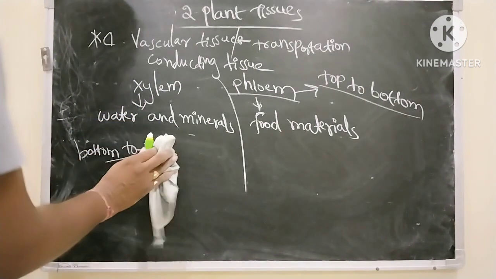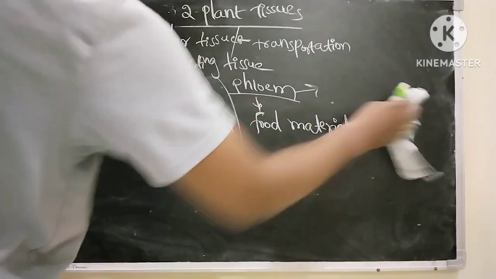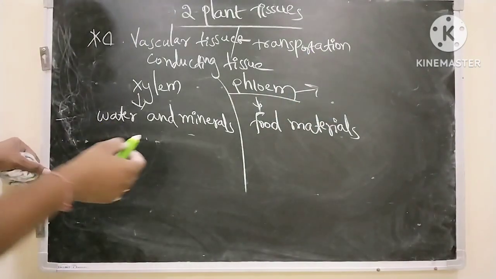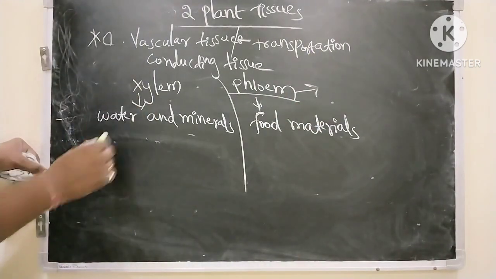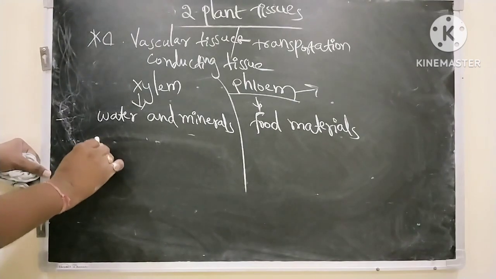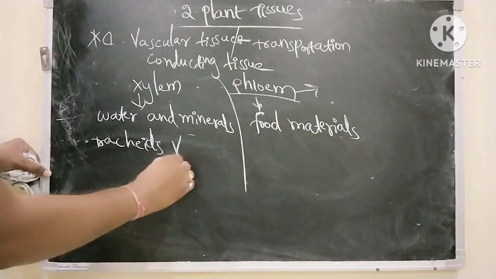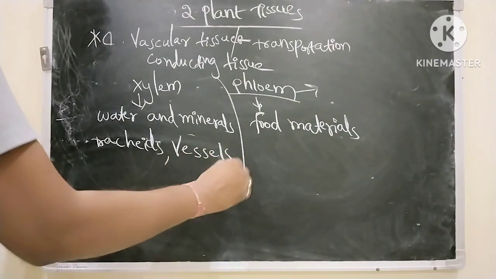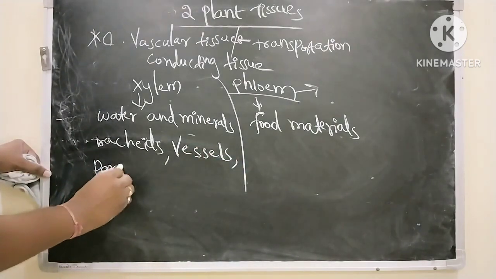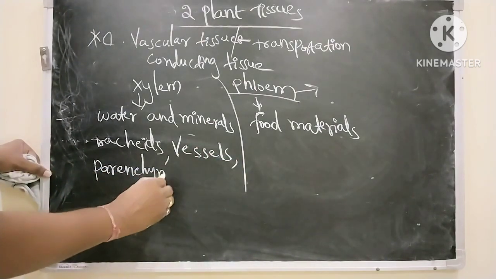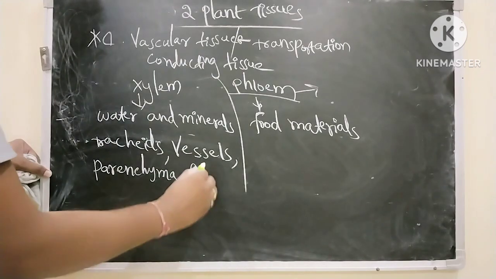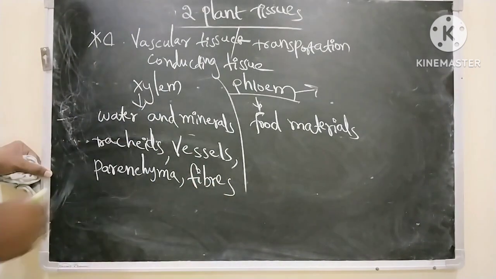There are differences between xylem and phloem, depending upon function and structure. Xylem contains tracheids, vessels, xylem parenchyma, and xylem fibers.